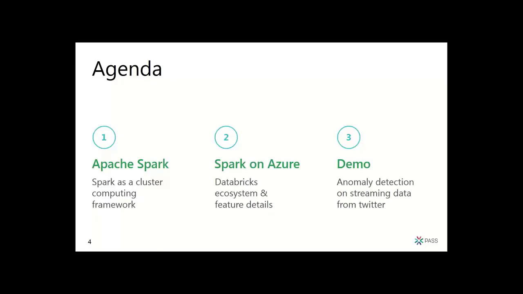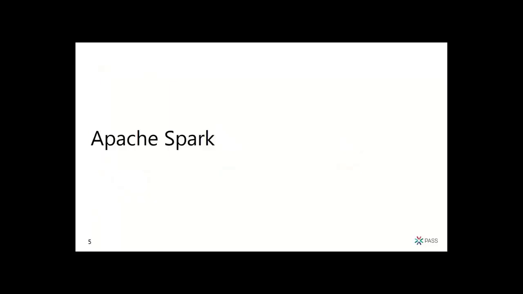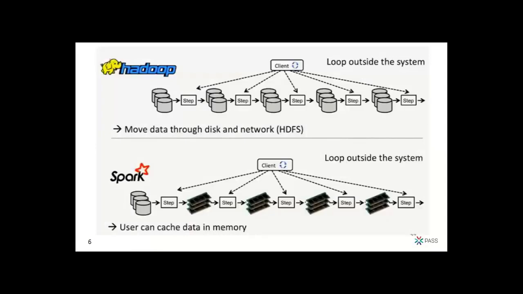At the end, I'll do a short demo explaining the overall UI of Azure Databricks. Then I'll build a short application which will detect anomalies from streaming data from Twitter live streams. So moving on, let's talk about Apache Spark.